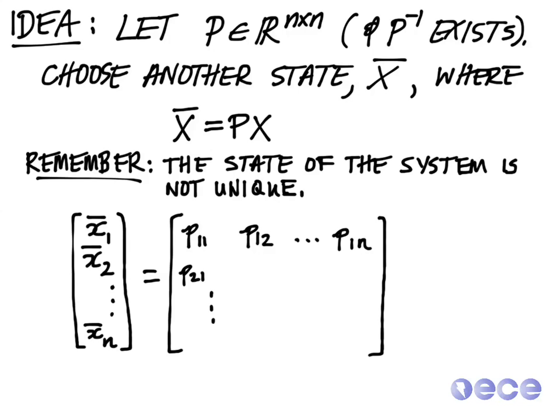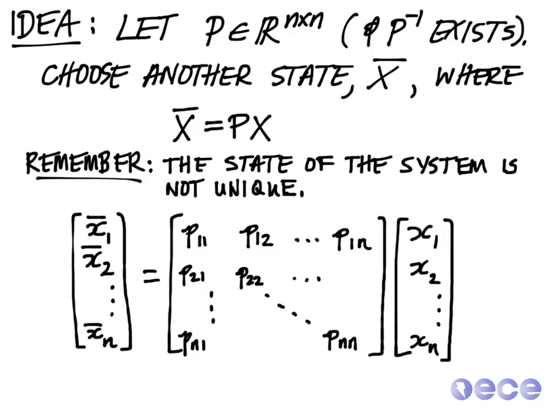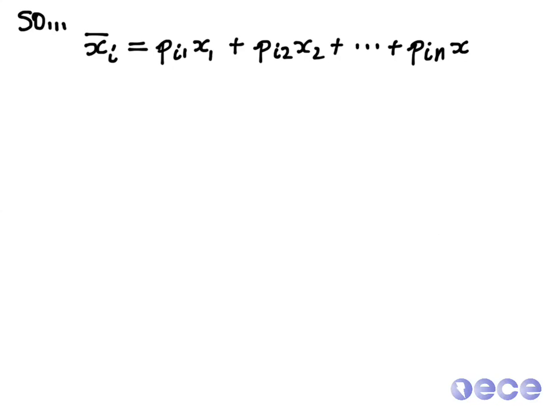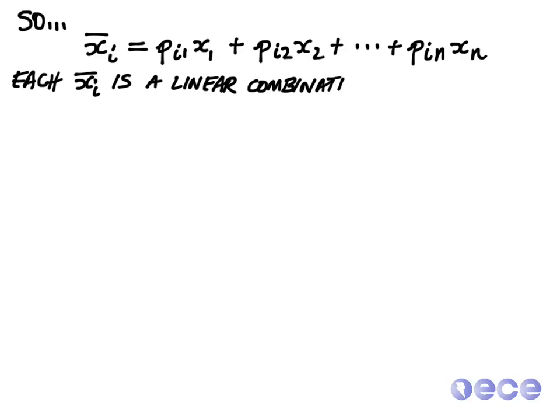So if we have this magical matrix P, it'll have elements that look like this, that we multiply by each of our x1, x2, all the way to xn. We'll pre-multiply x by P to get our new state x bar. Now if we look at one of these values, xi bar, it equals pi1 times x1 plus pi2 times x2 plus all the way to pin times xn.